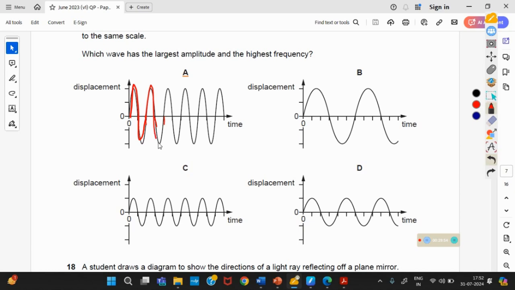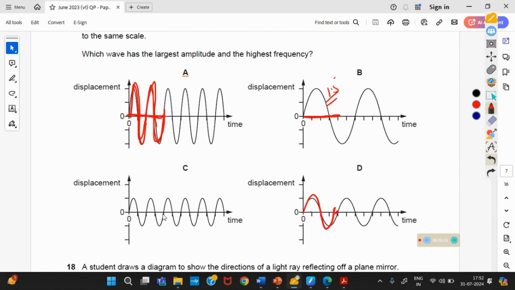In 4 blocks on the time axis here, you see a total of 2 waves. Here, in 4 blocks, it is not even 1.5 waves. Here, for 4 blocks, only one cycle of the wave is completed.